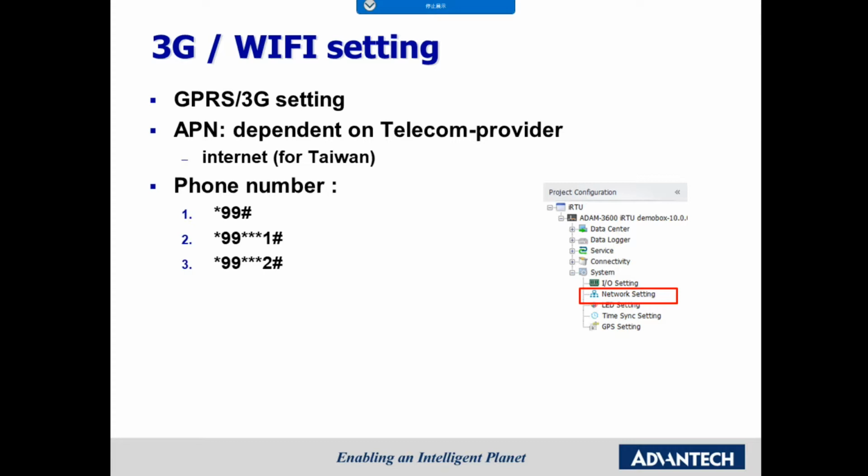When the project compiles, it generates a set of scripts for each operator based on the default settings. ADEN 3600 selects the appropriate script to connect the network based on the inserted SIM card type.